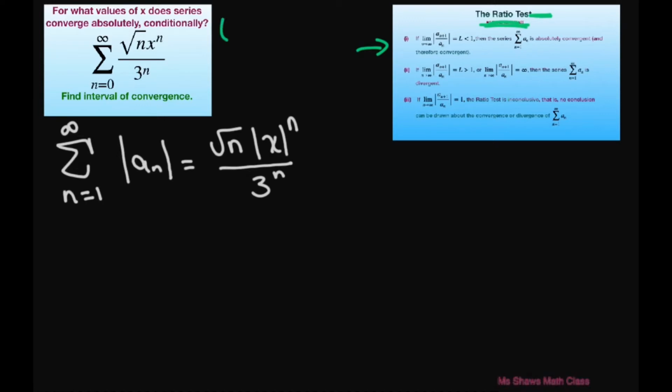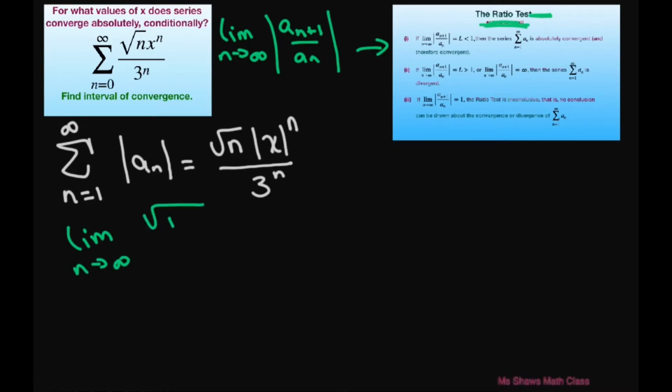So we're taking the limit as n approaches infinity of the absolute value of a sub n plus 1 divided by a sub n. All right, so let's substitute, and we're going to get the limit as n approaches infinity of the square root of n plus 1 times the absolute value of x to the power of n plus 1, divided by 3 to the power of n plus 1.